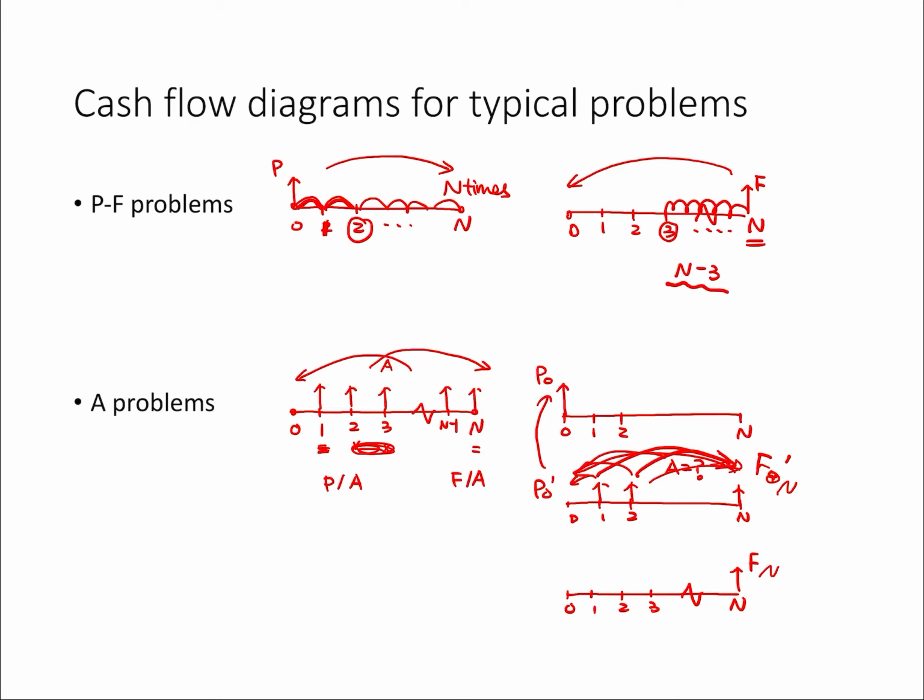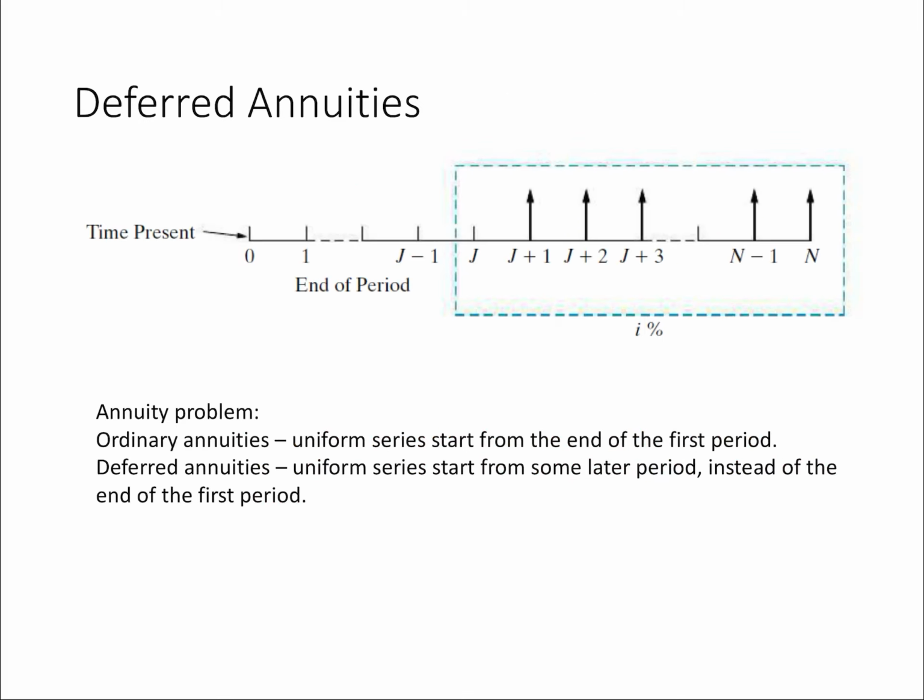Okay, so that's the A problem. And you need to understand the A problem: the diagram is a set of cash flows starting from 1.